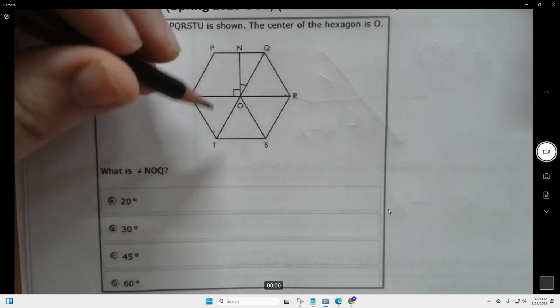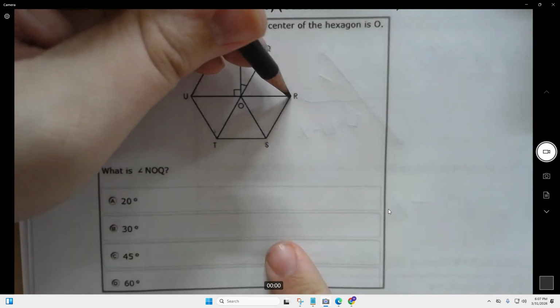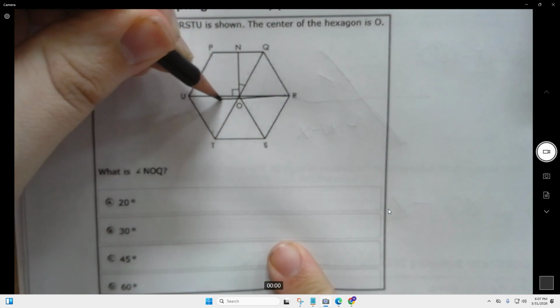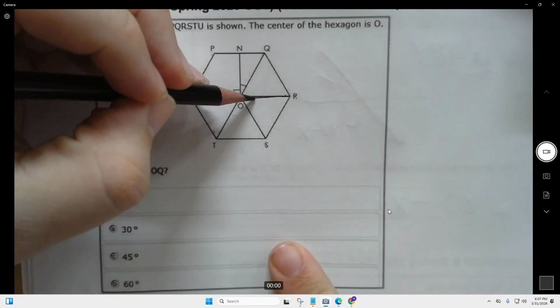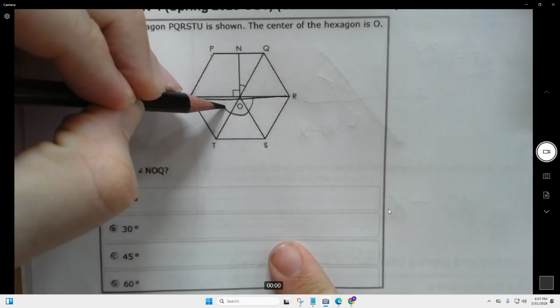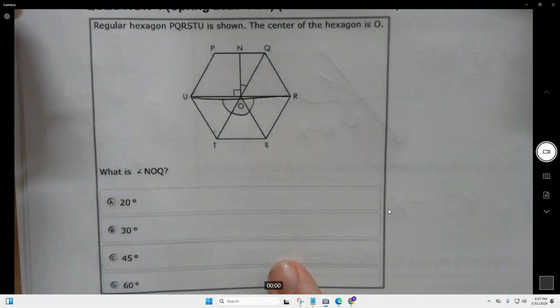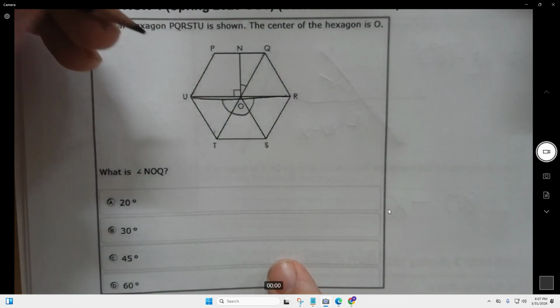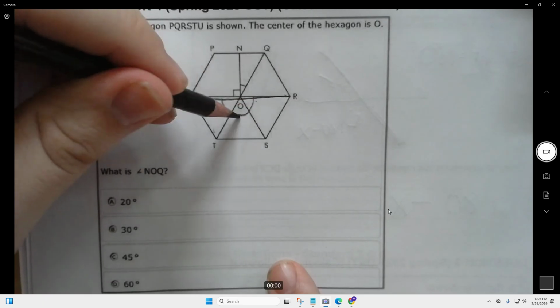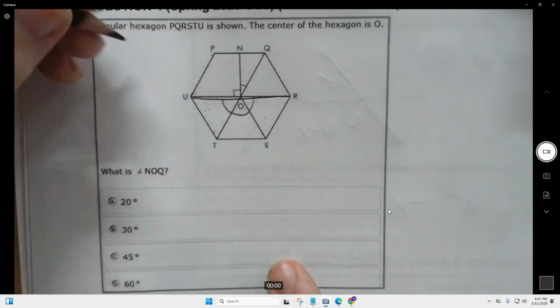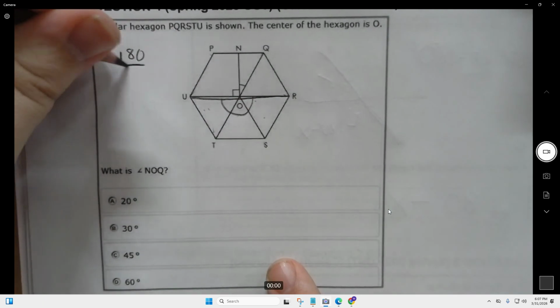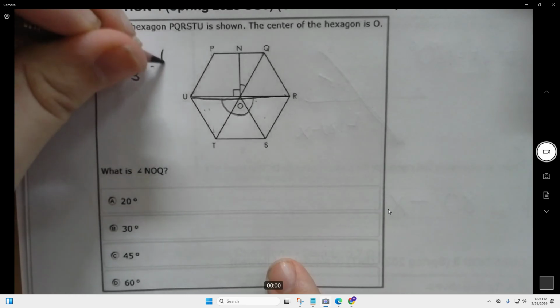So this is a straight line. That means that all this has an angle of 180 degrees. If you were to split this into 3 equal parts, 180 divided by 3 gives you 60.